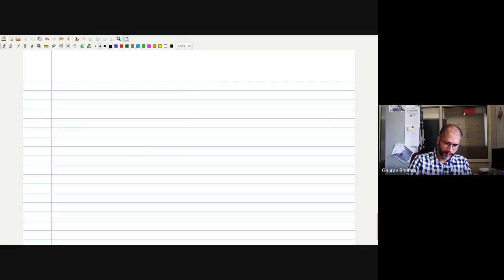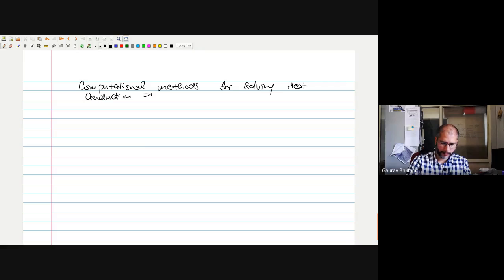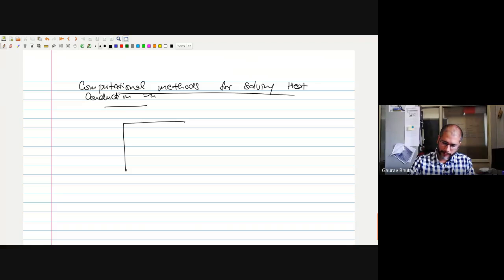In this domain, we wanted to find the value of theta at each and every point.